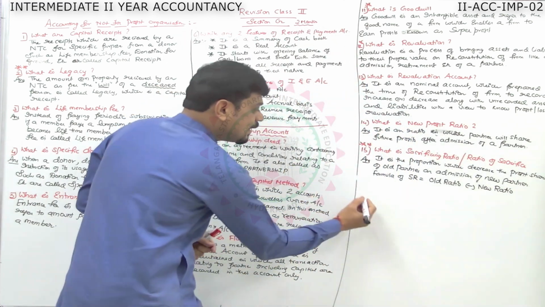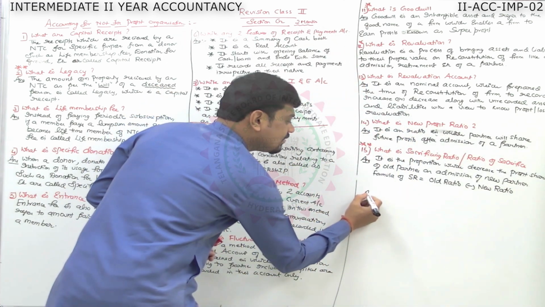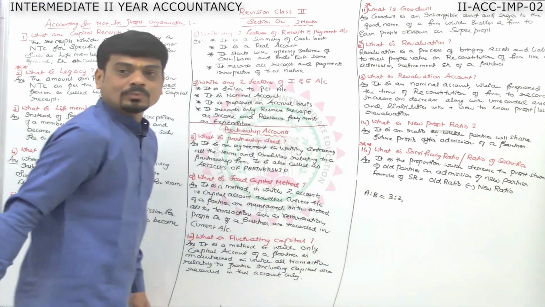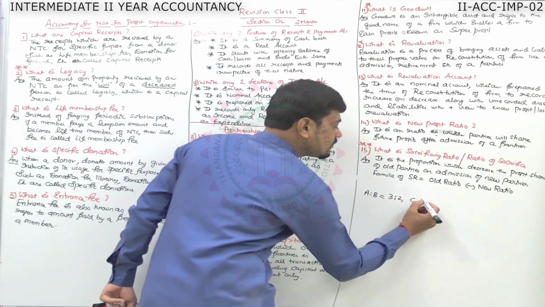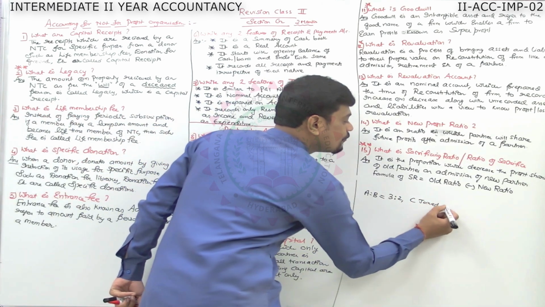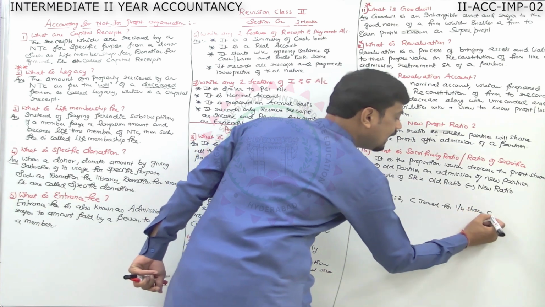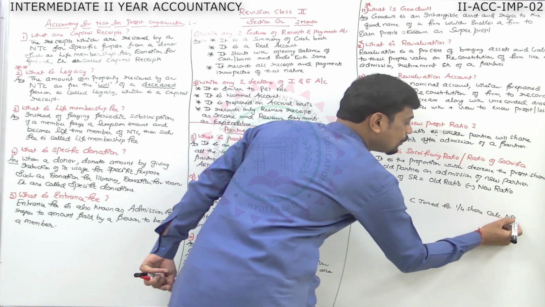I am doing one simple example here. Let me say they gave A:B as 3:2, and new partner C joined for 1/4 share. Calculate new profit ratio.